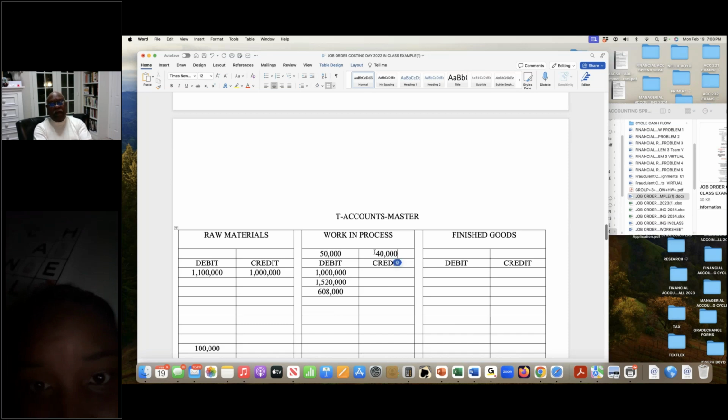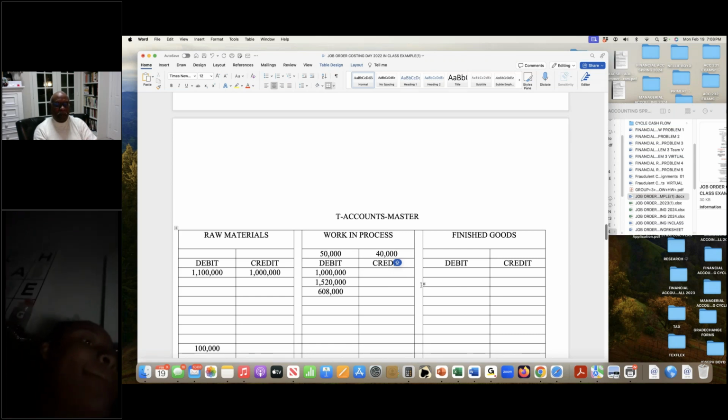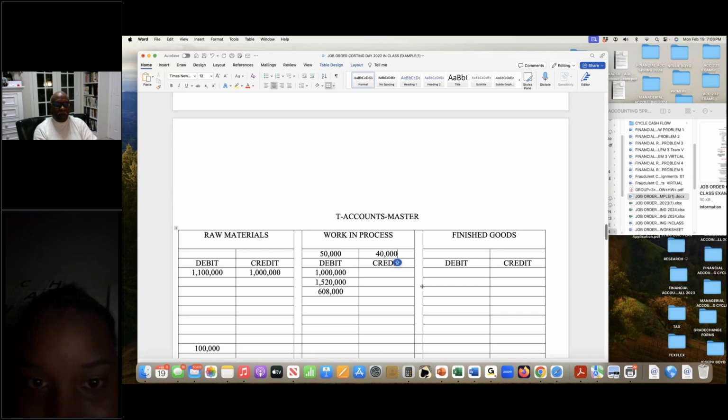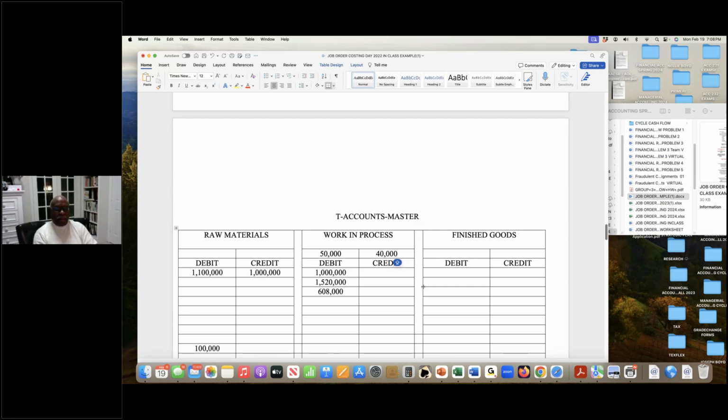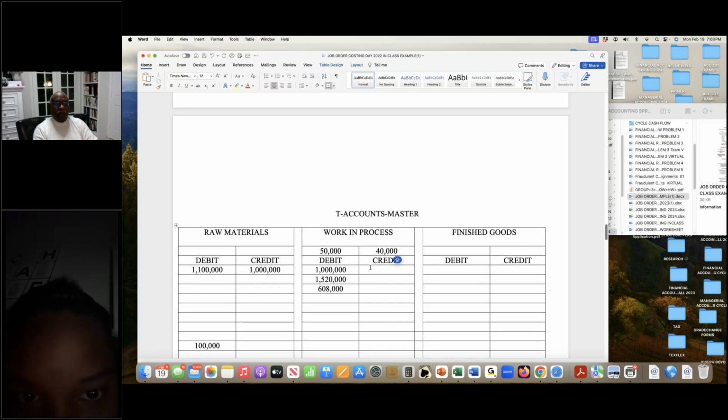So when we get ready to make our journal entry, we're going to transfer out everything. Now, 50,000 books were planned, only 40,000 were made, and so we only made 80% of the books.